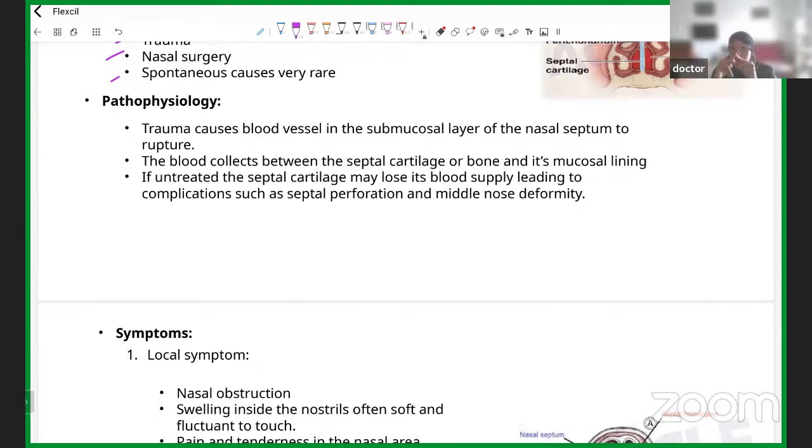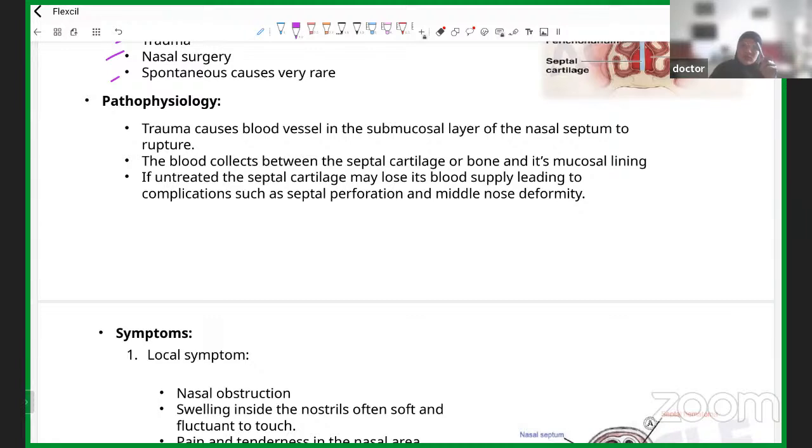It is in the layer of septal cartilage or the bone. Right? Now, if this septal hematoma is left untreated, what will happen is that your septal cartilage may lose its blood supply, leading to further complications like necrosis and septal perforation, followed by nasal deformity because there will be abscess formation. That is the classic complication.